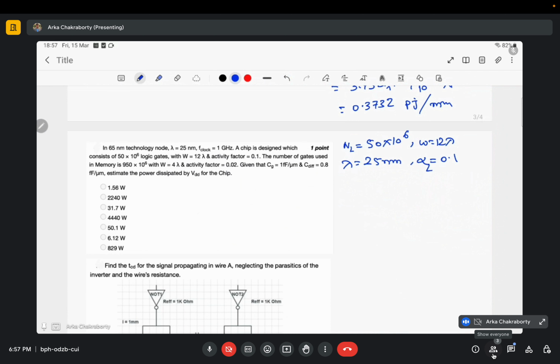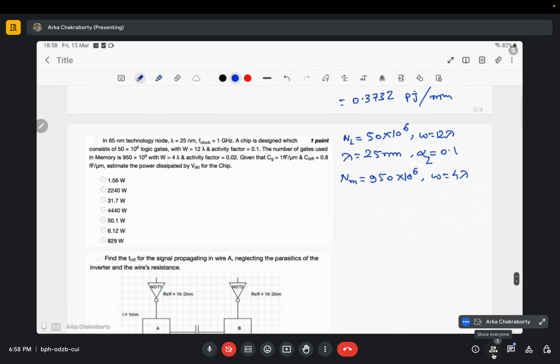Similarly, the number of gates used in memory, nm, is given as 950 into 10 to the power 6. W is given as 4 lambda. Lambda remains the same for the technology, that is 25 nanometer. And the activity factor alpha for memory gates is given as 0.02.